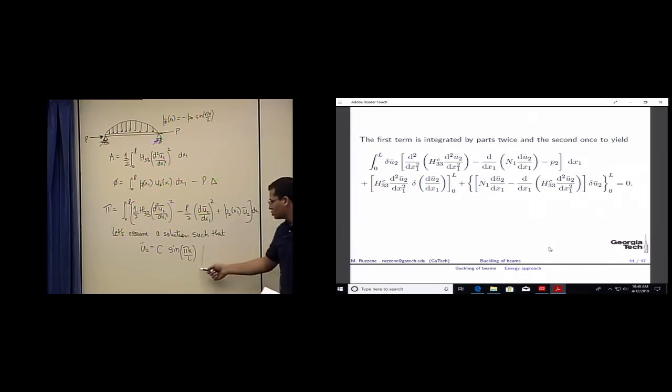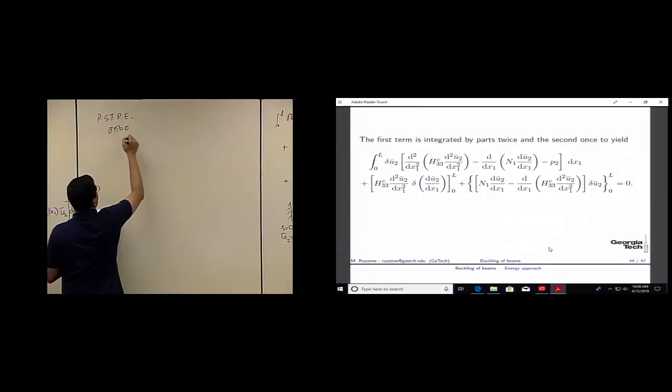So this u2 satisfies the geometric boundary conditions that the displacement u2 is 0 when x is 0 and it is 0 when x is equal to L, right? So that's why we can assume such a solution. And now using energy methods, we will find a value of constant C that will minimize or at least satisfy the principle of stationary total potential energy, right.